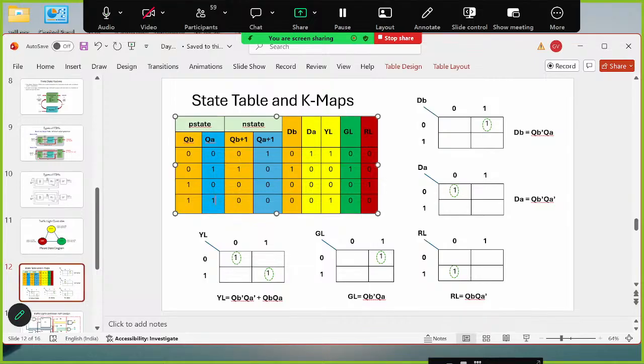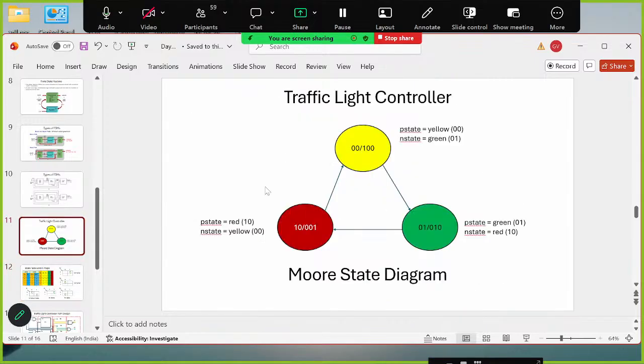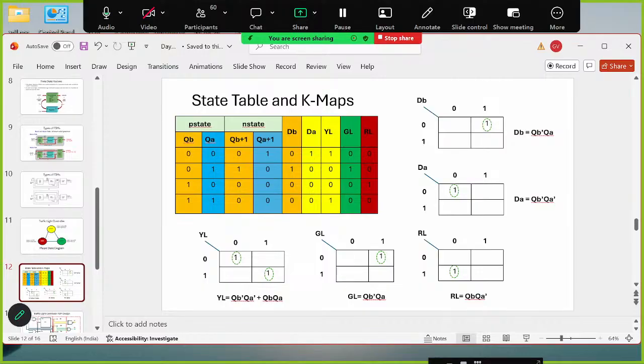But what if it erroneously enters the 1, 1 state? We have not defined it anywhere here. So if it somehow erroneously jumps from 1, 0 to 1, 1, or comes to that state by any fault, what I have written is that it will again come to the 0, 0 state only.